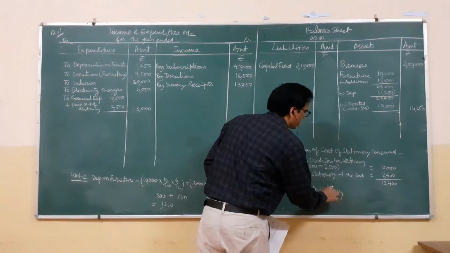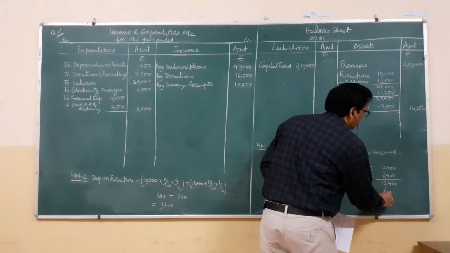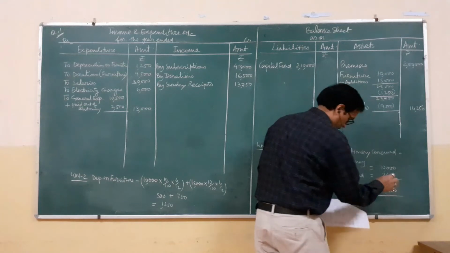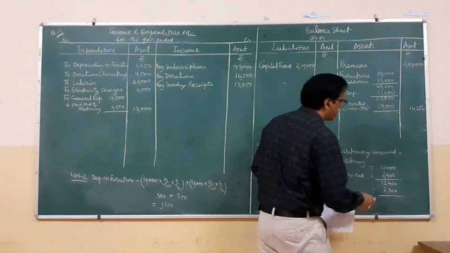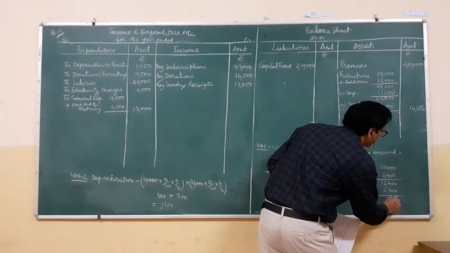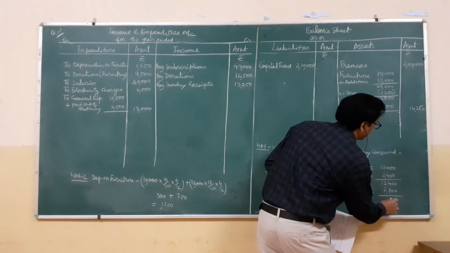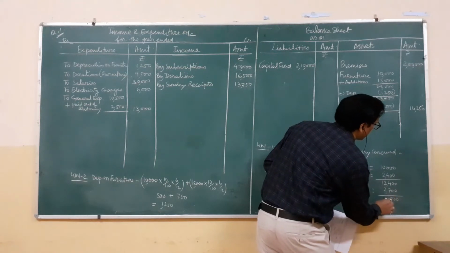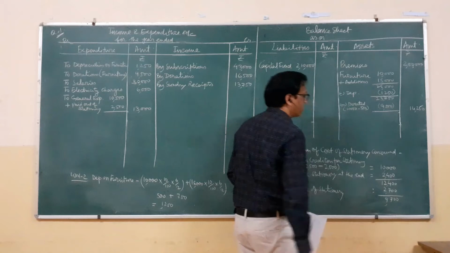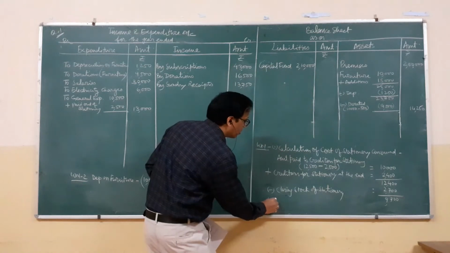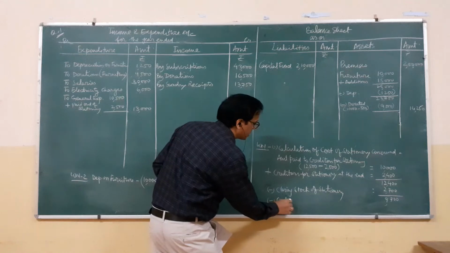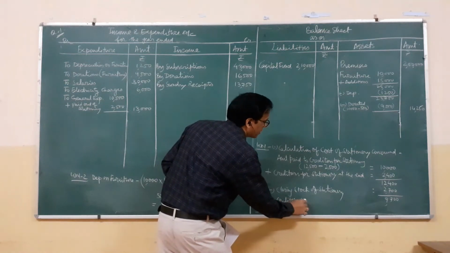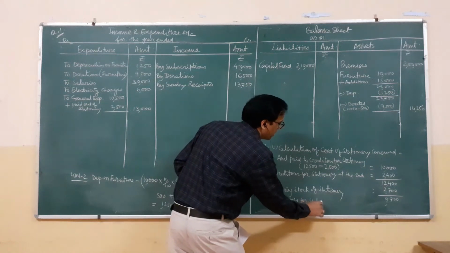Closing stock of stationery is given as 2,700. This is 9,700, and then we had opening creditors. So creditors for stationery at the beginning.